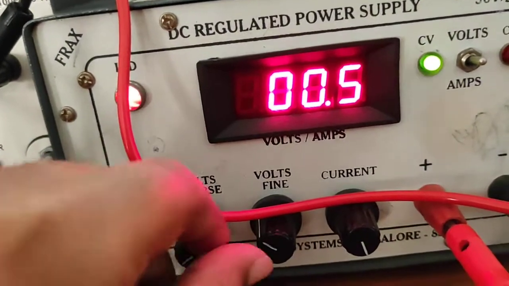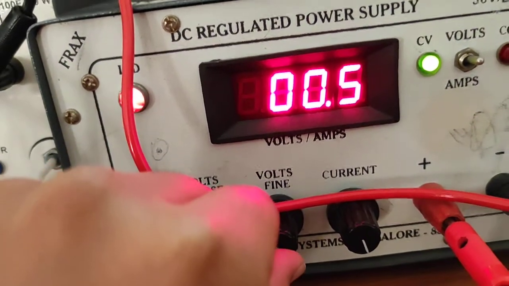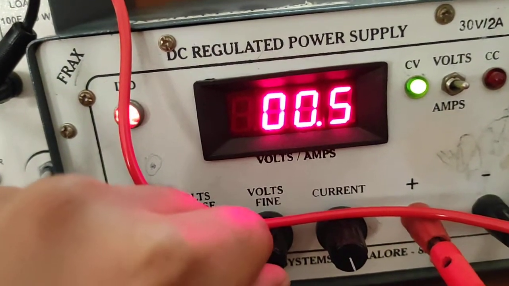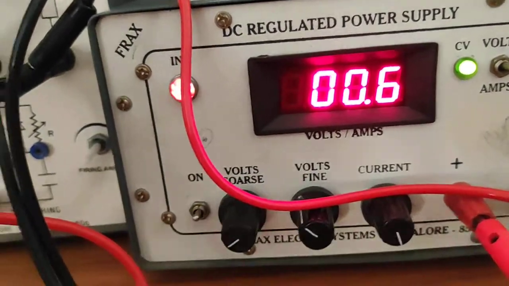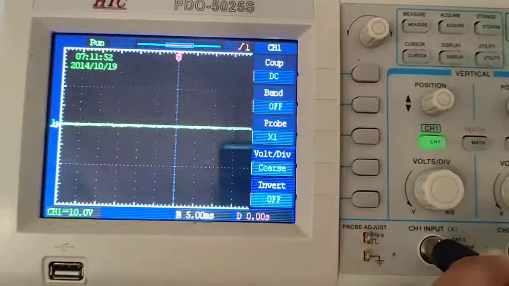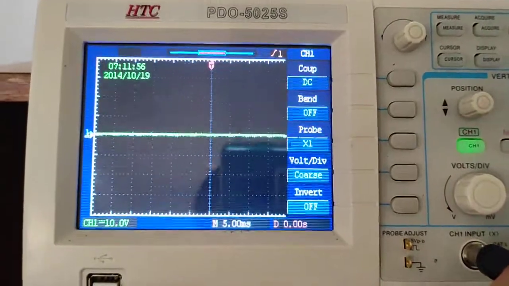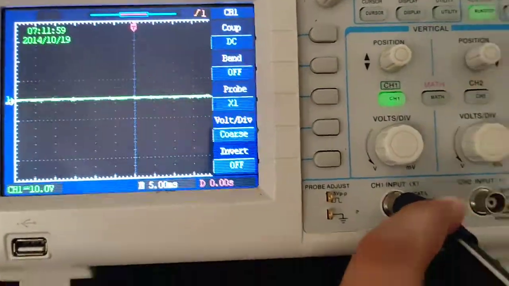Now make it 0.6 volts as the gate pulse magnitude, and you can see at 0.6 also the thyristor is not yet triggered. The output voltage or the load voltage is still 0.